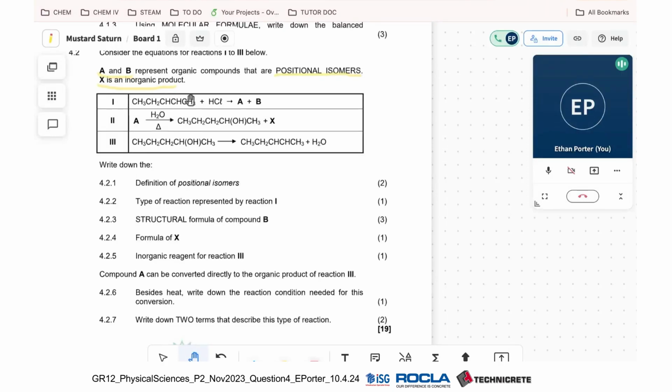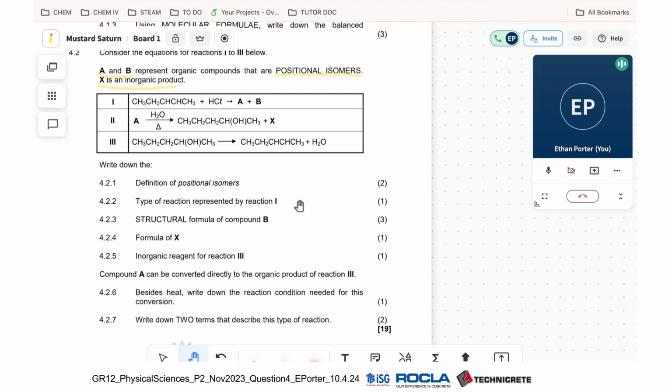It could be an addition reaction as well, that's also correct. And instead of saying halogenation, you can be more specific and say hydrochlorination, because we're dealing with a chloride ion being added to this chain. So all are correct. You could say it's simply an addition reaction, which is true. Hydrohalogenation, because this is a halogen, or hydrochlorination to be specific, because this is chloride.